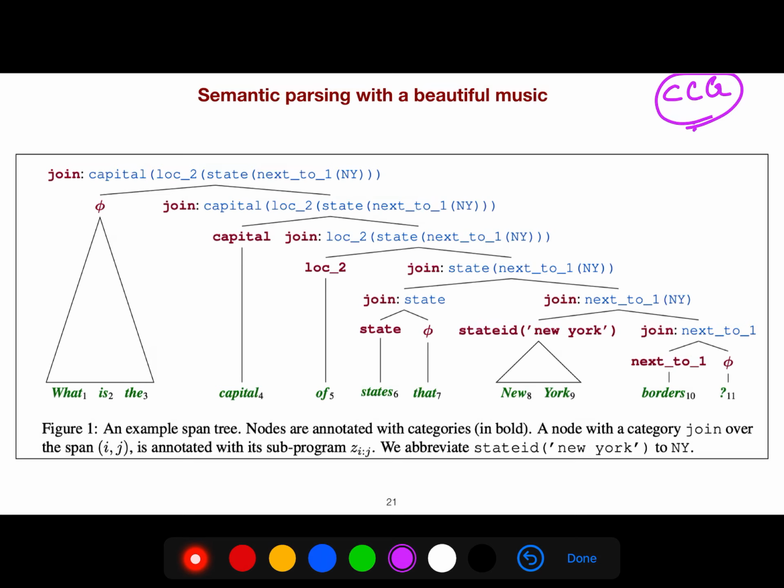And I will explain CCG in my playlist on probabilistic combinatory category grammar. But here you see that we didn't use CCG. We are just using simple categories like the previous one.